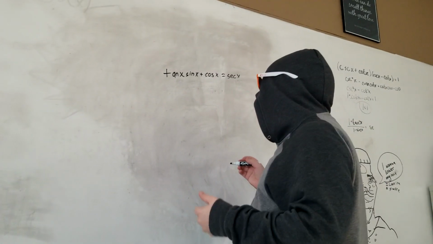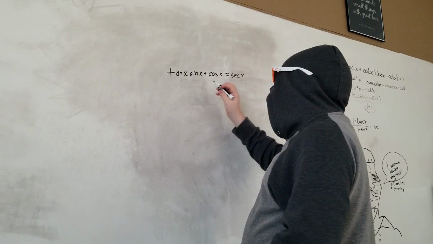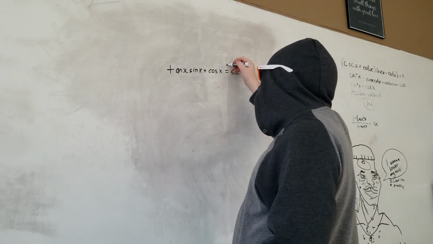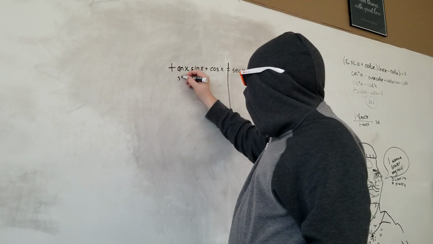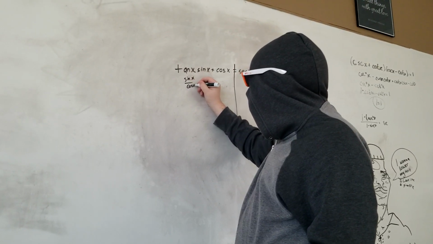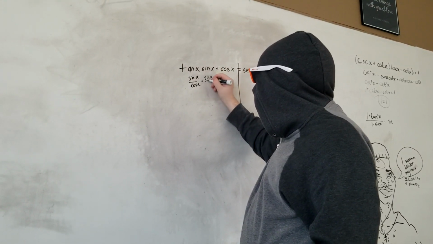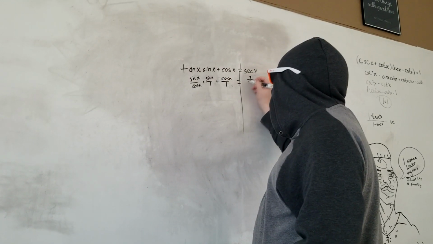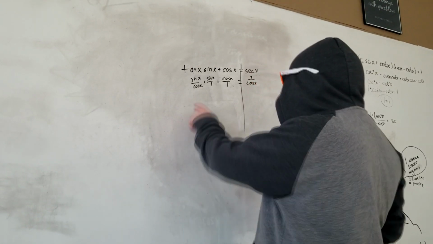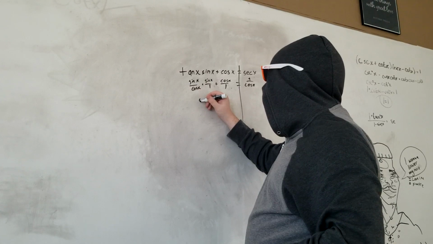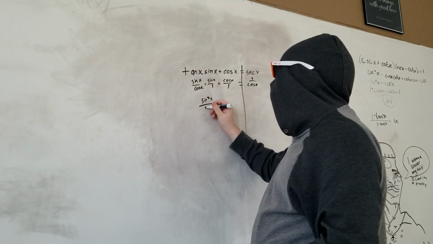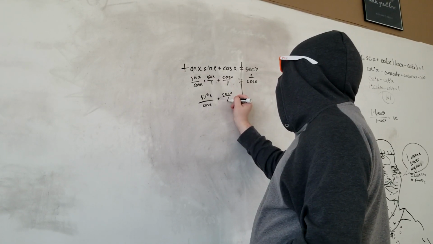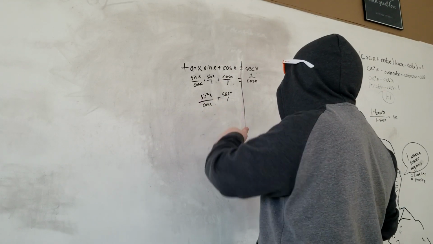It's actually very simple to solve tan x times sine x plus cosine x equals secant x. We must first start off by turning the whole problem into a fraction. Sine x over cosine x multiplied by sine x over 1 plus cosine x over 1 is equivalent to 1 over cosine x. We can start off by multiplying these two, which is equal to sine squared x over cosine x. This is then added to cosine x over 1. But we cannot add them together until the denominators are the same.